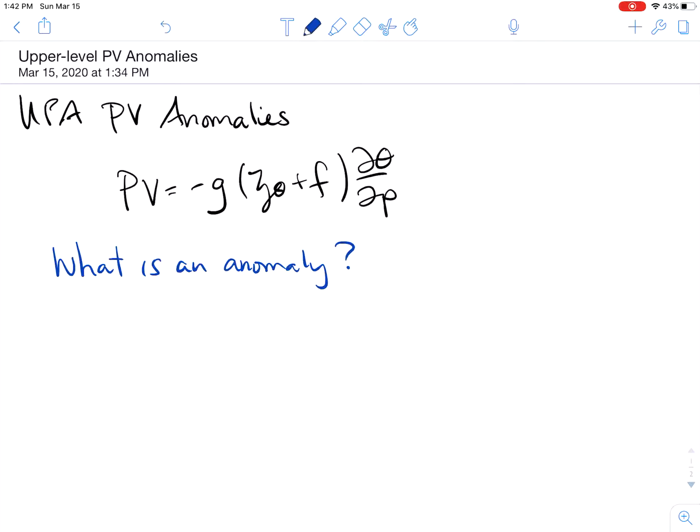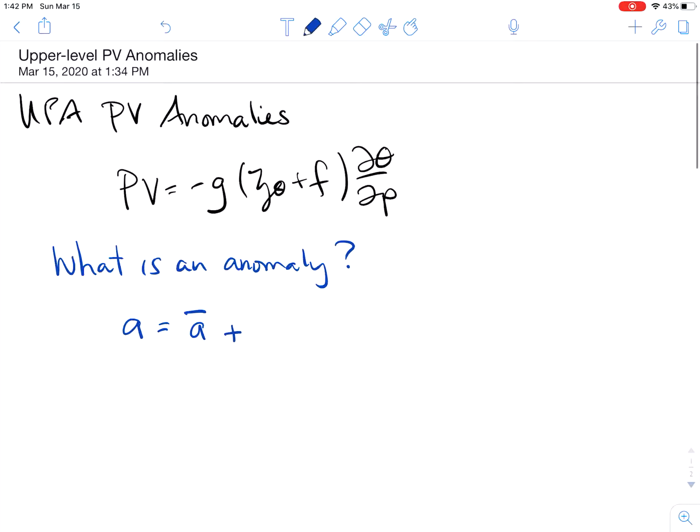Mathematically speaking, we can separate any given value, A, into two pieces, an average component, A bar, and a perturbed quantity, A prime, or an anomalous quantity. If we rearrange this equation, we can solve for the anomalous quantity, A prime, as being whatever the total value is minus the average value under a particular segment.